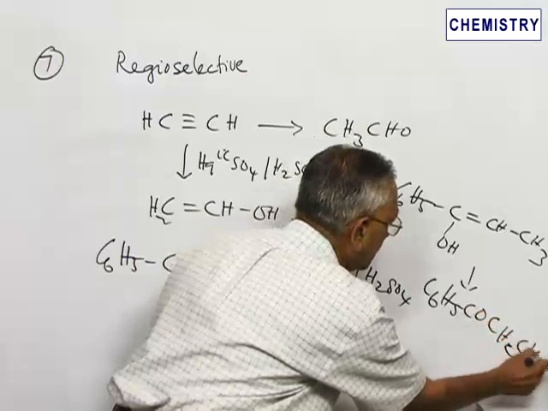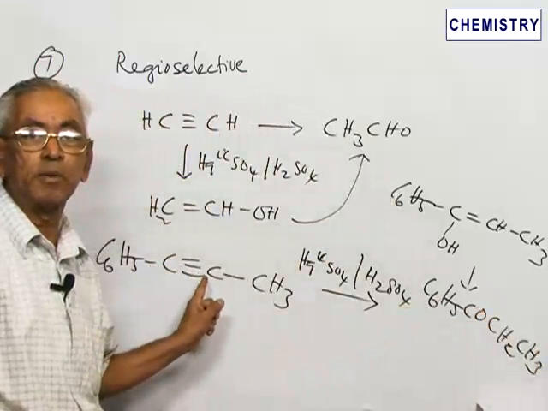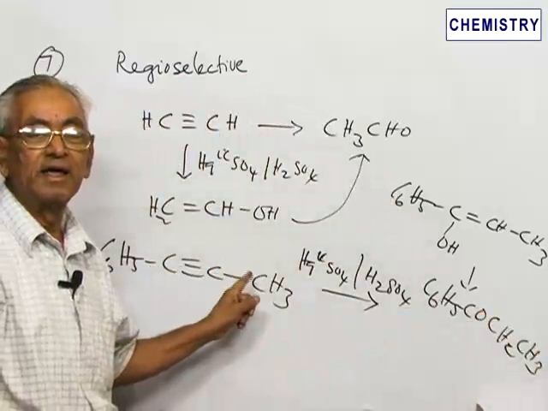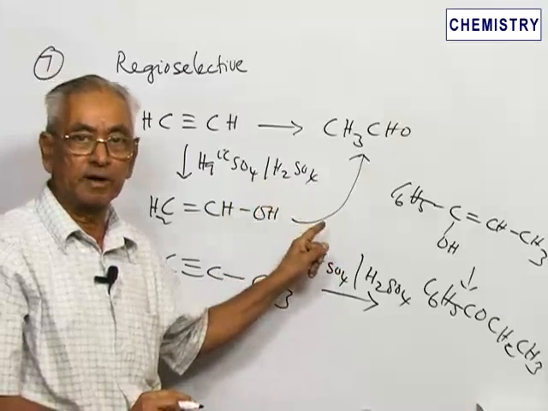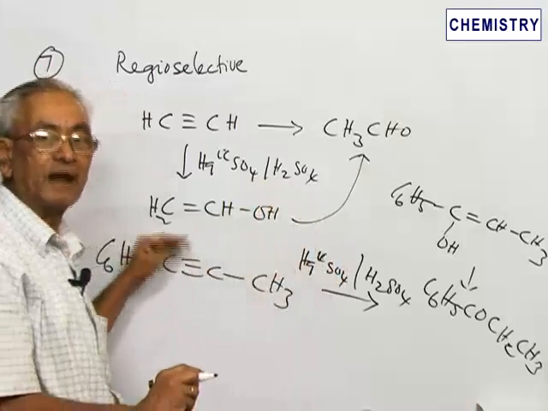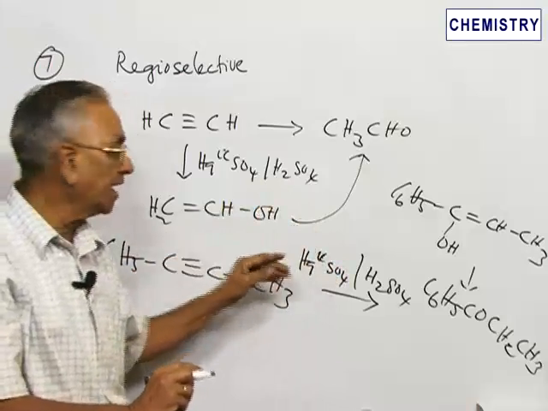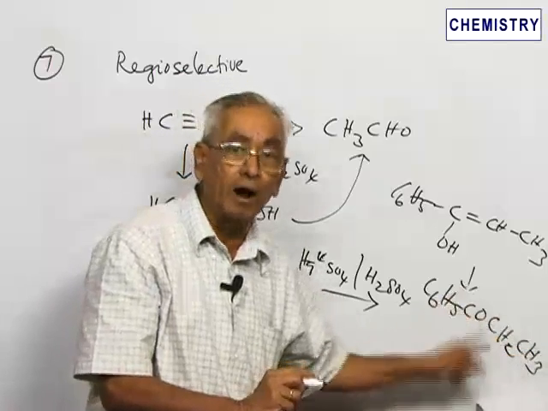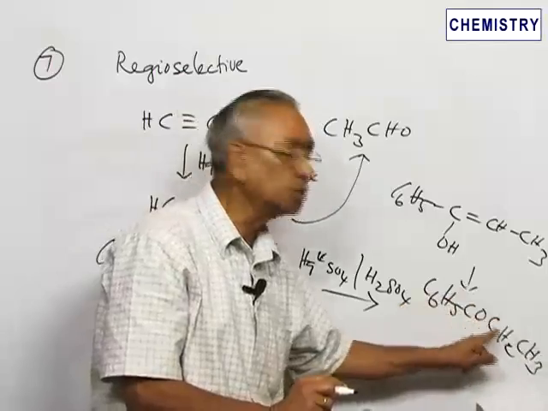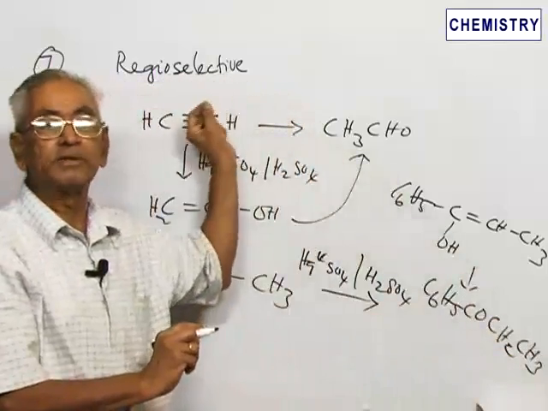So when this compound C6H5 C triple bond C CH3 is treated with mercuric sulfate in the presence of sulfuric acid, or in other words, when this acetylenic bond is hydrated, the ketone that is obtained is always C6H5 CO CH2 CH3 and not C6H5 CH2 CO CH3. This is a regioselective or regiospecific type of reaction.